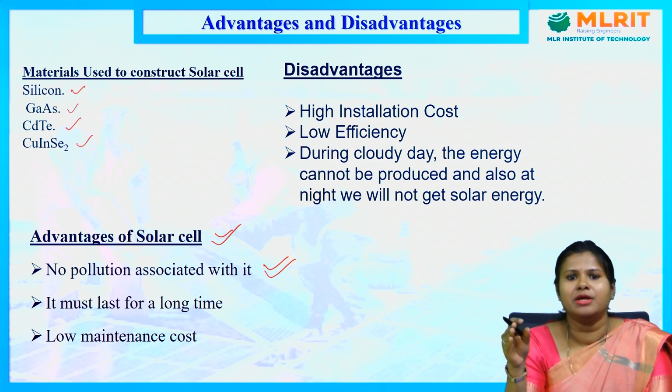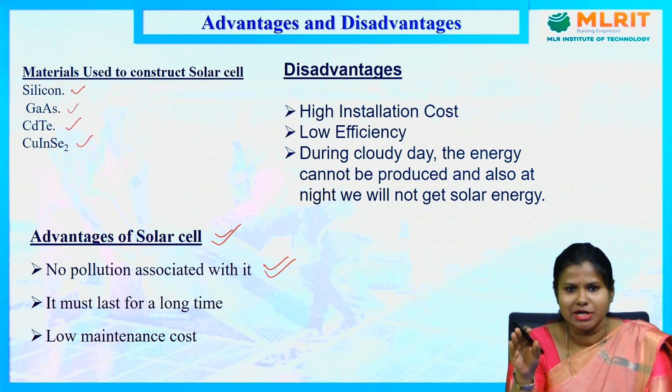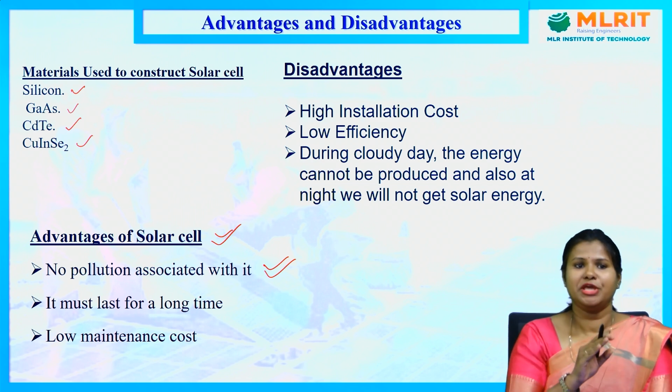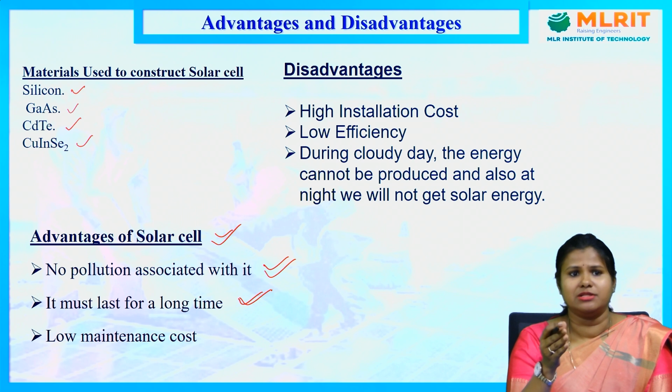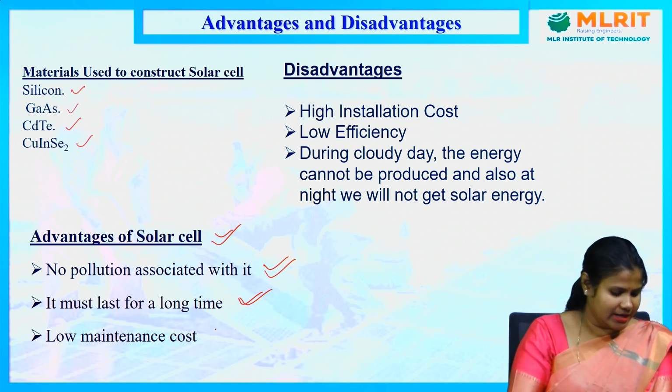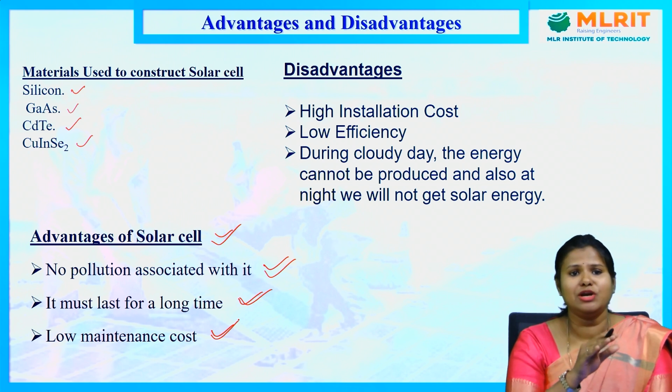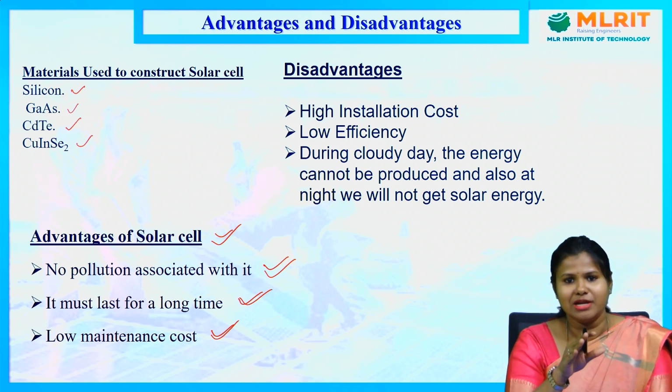Whenever we are producing electric power from the solar cell, no pollution is associated with it. So it is eco-friendly and it will be durable. That means for a long time we can use this solar cell. And again, this has low maintenance cost. That means it is also pocket friendly. It will help us to reduce our electricity bill.